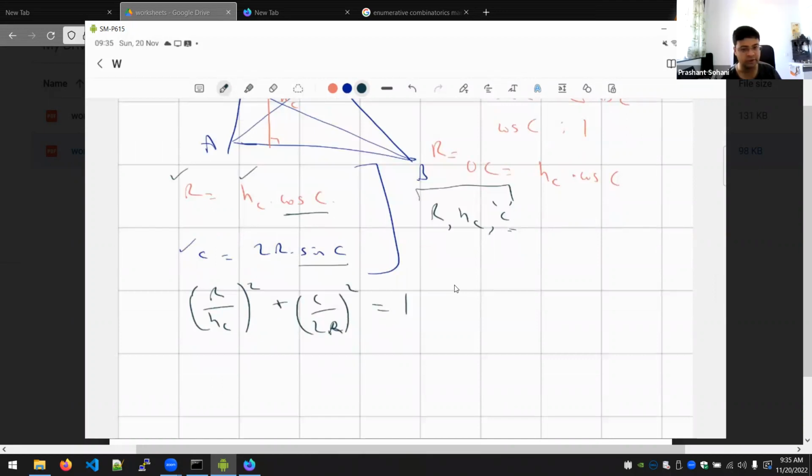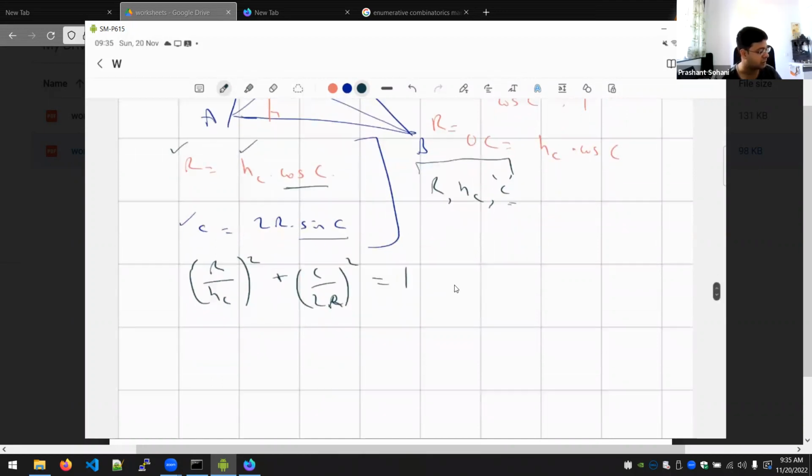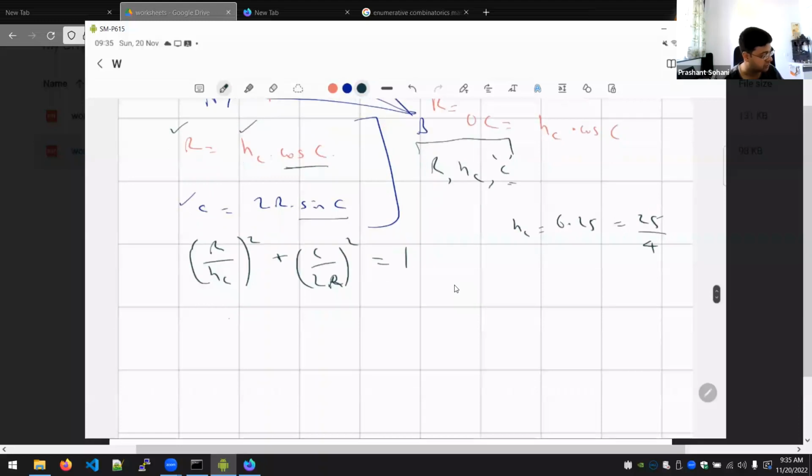Let us solve this. I want to check what is the second root, which I didn't realize. We have HC equal to 6.5, you can write it as 25 by 4. So we'll get R square upon... Clear the denominators.